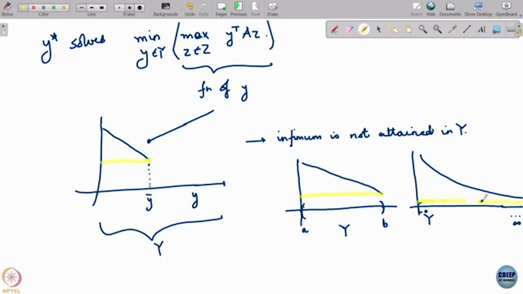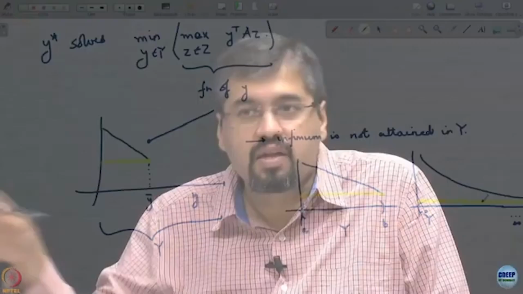This is the value that it finally settles at. But what do I mean by settles? That is the limiting value of this function. As y goes to infinity, that is the value of this function. So, is there a y as a real number that attains this particular value?